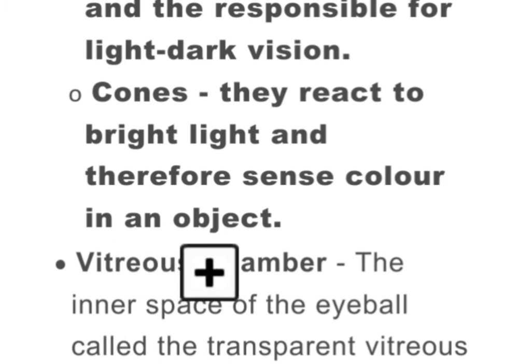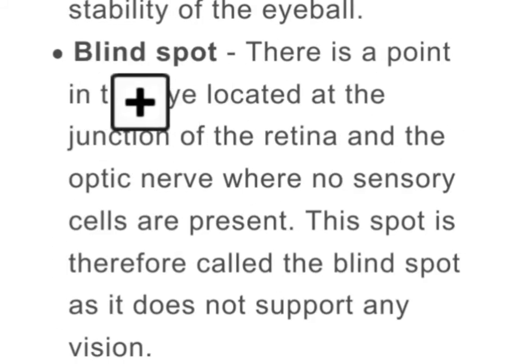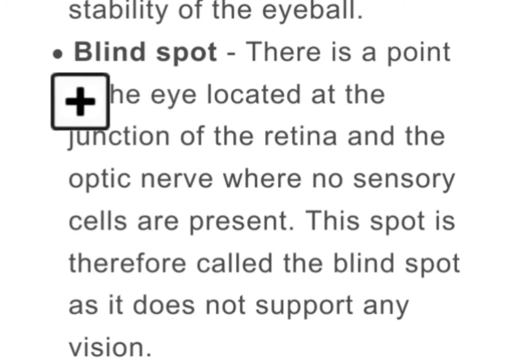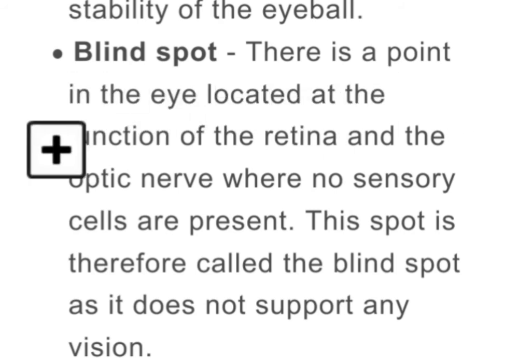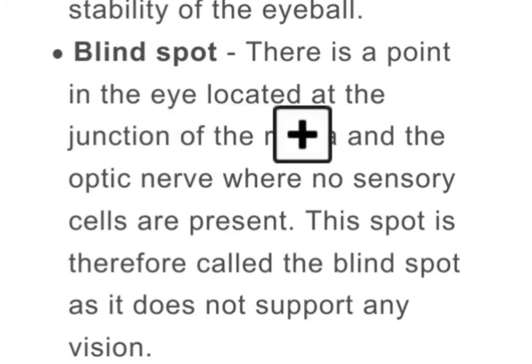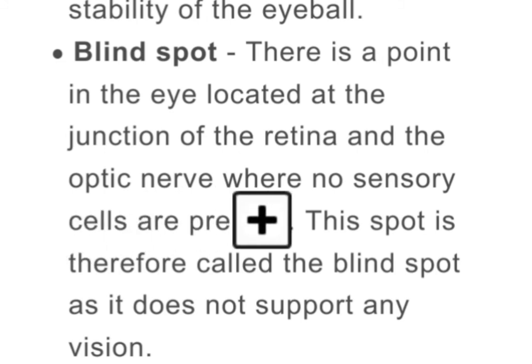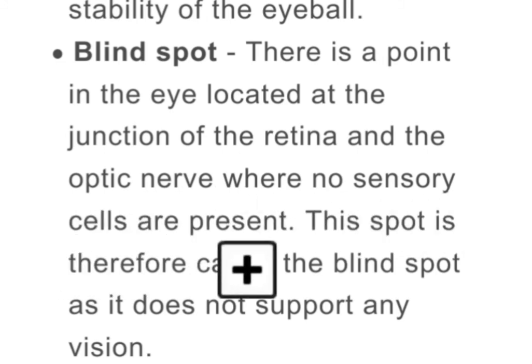So dear students, these were some basic parts of the human eye. Now there is an important part on the retina which is also called the blind spot. There is a point in the eye over the retina, located at the junction of the retina and the optic nerve, where no sensory cells are present.